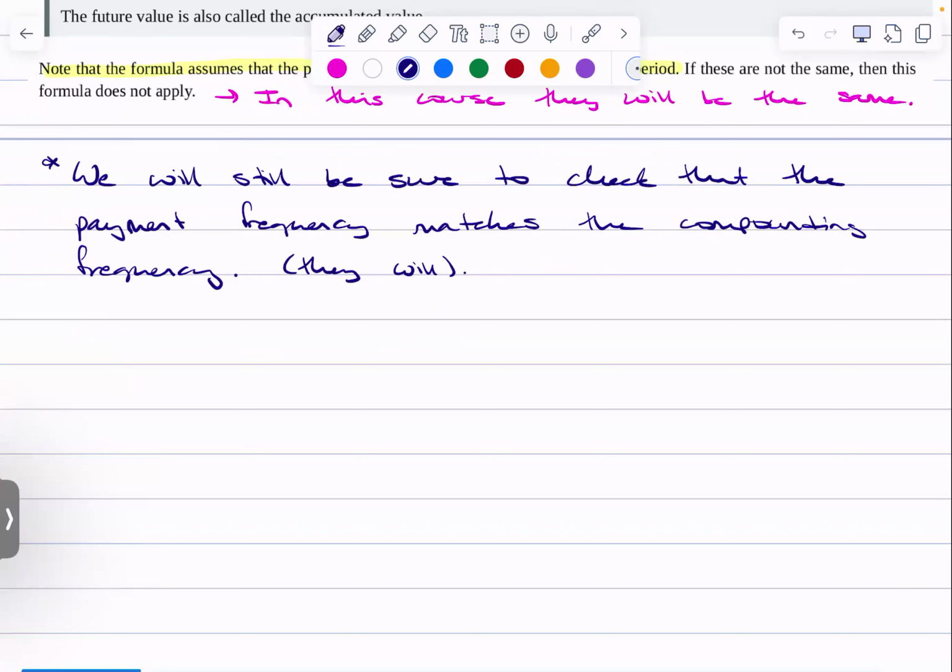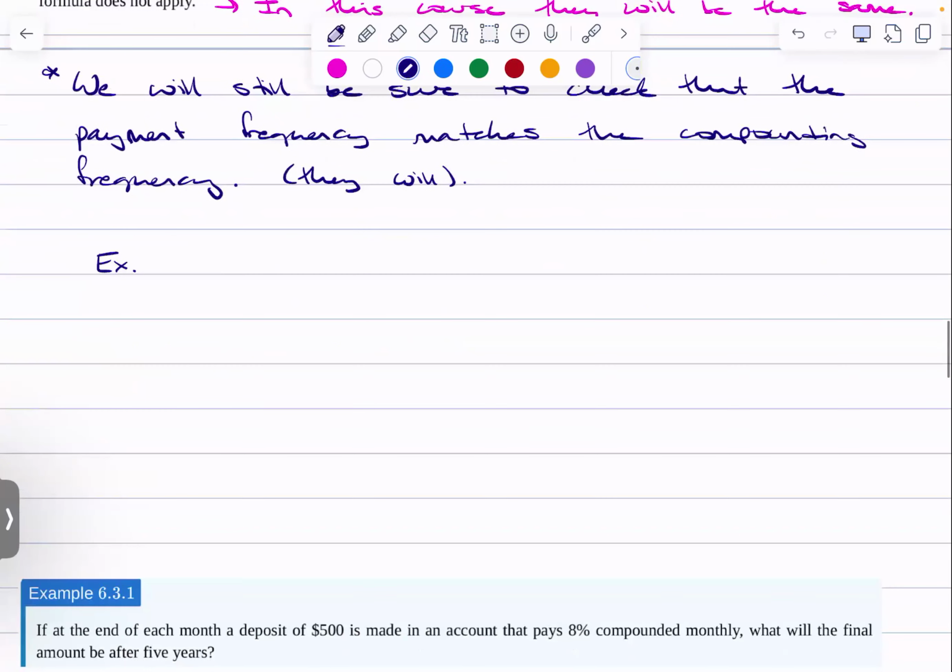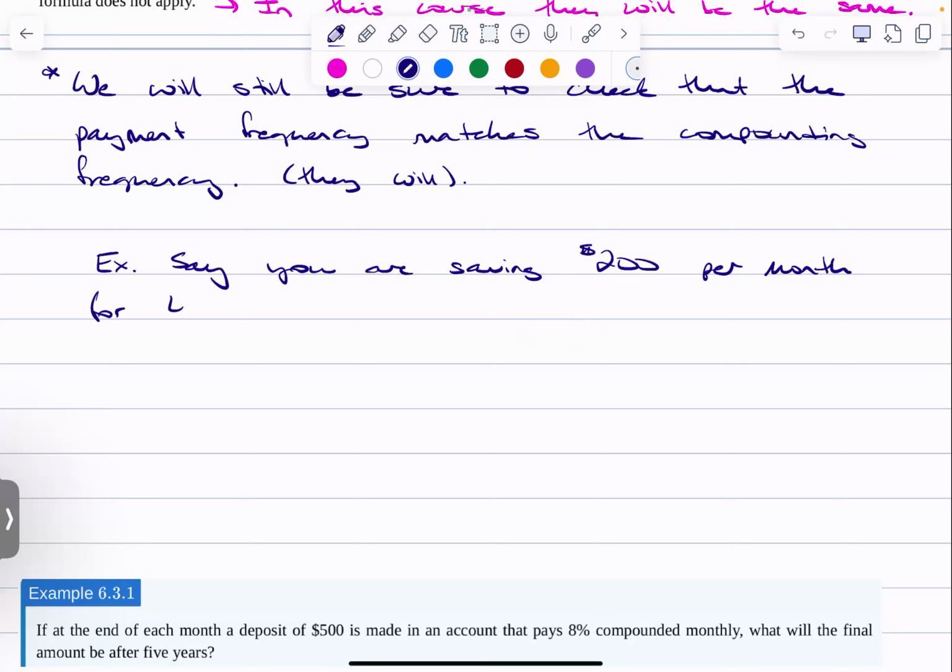Visually, what's happening when you're making payments? Let's say that you're saving money, right? And so, as an example, say you are saving $200 per month for 4 years at a rate... What's kind of a reasonable rate right now? Pretty low. It's very, very low.